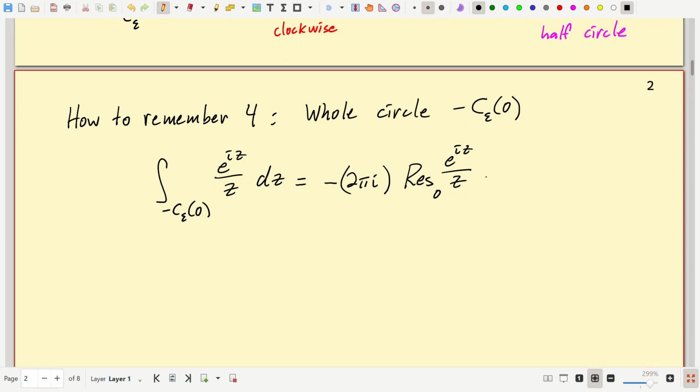What would that residue be? This is an f of z over g of z situation, and this is a very easy residue to calculate. This residue is e to the i times 0 over 1, which is just one.